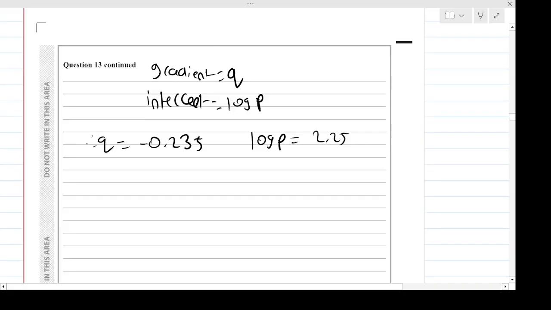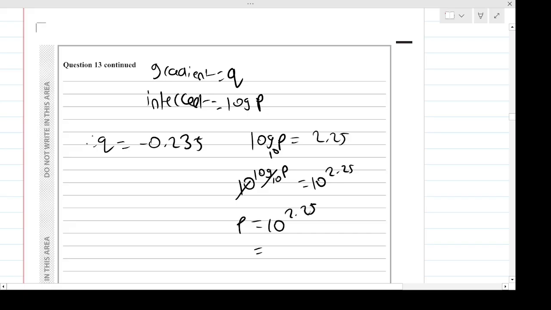Then to solve for p, that's log 10 p, so I can raise everything by 10. So 10 to the log 10 p is equal to 10 to the 2.25. Here, the base 10 cancels with log 10. You can think of it as an exponential cancelling with the log because it inverses. So p is 10 to the 2.25.